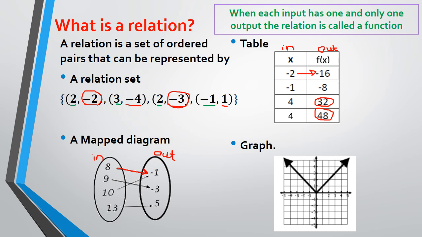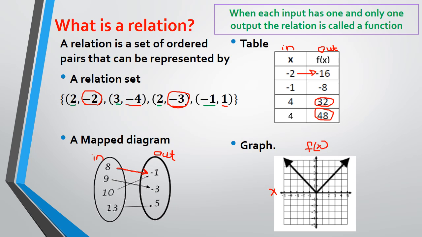Relations also can be represented by graphs. This is an example of a relation represented in a graph. Inputs are represented on the x-axis, and outputs are represented on the y-axis, or the f of x values.